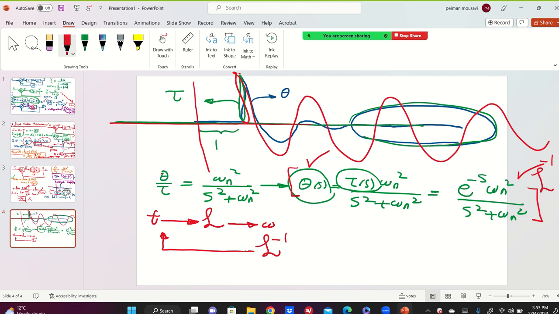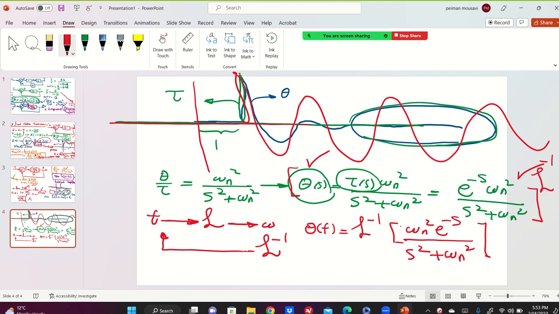So theta of t is the Laplace inverse of omega n squared e to the minus s over s squared plus omega n squared. When you are done, let me know so I can move to the next page. Can I go?